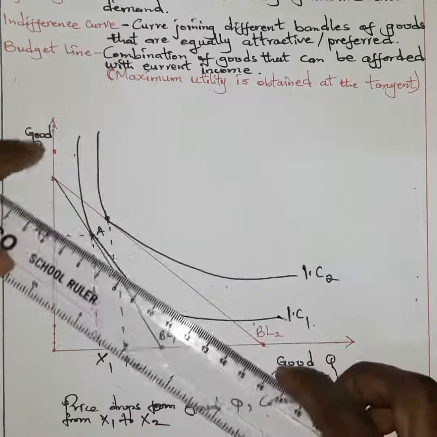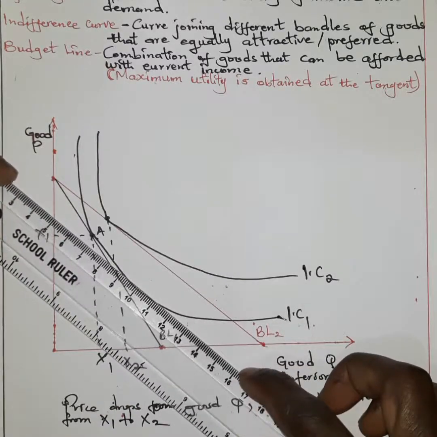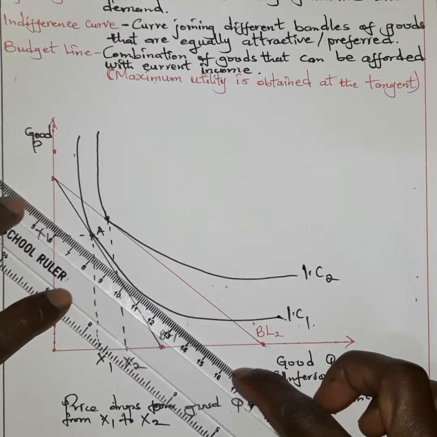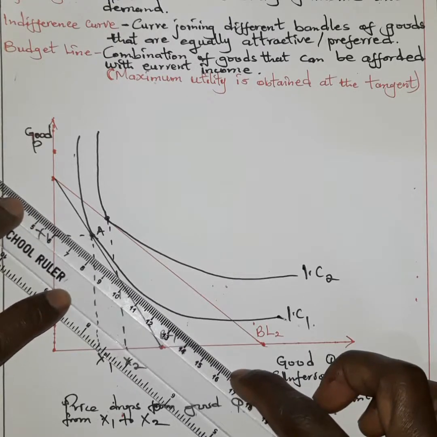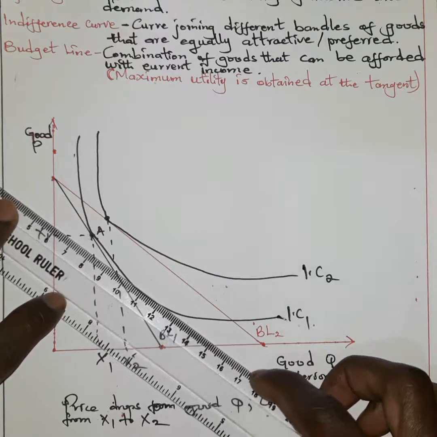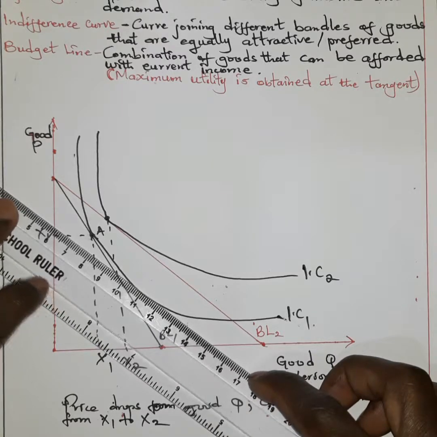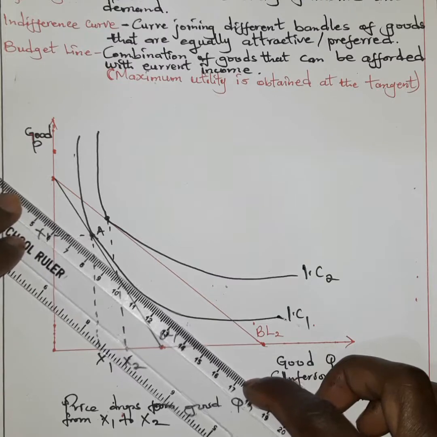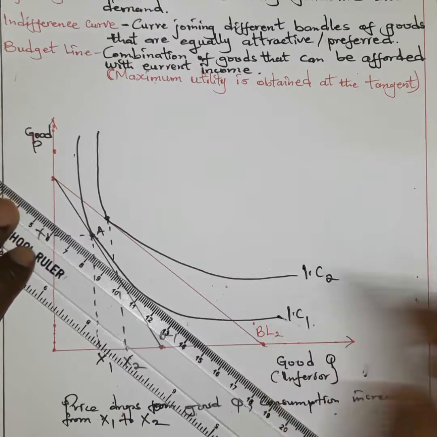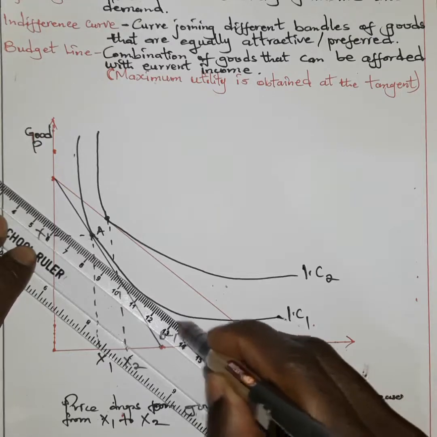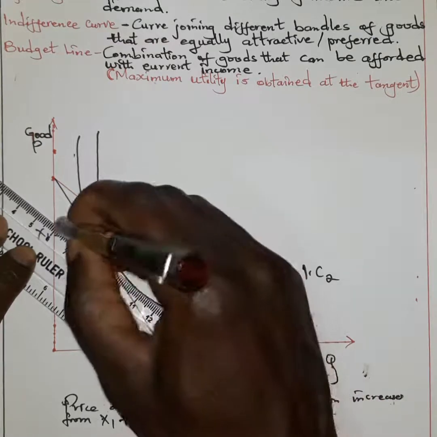When you make a parallel line, it shows that we are changing the prices as well as the quantities for this particular product. So this one is parallel to the line given, so you're going to have another parallel line.